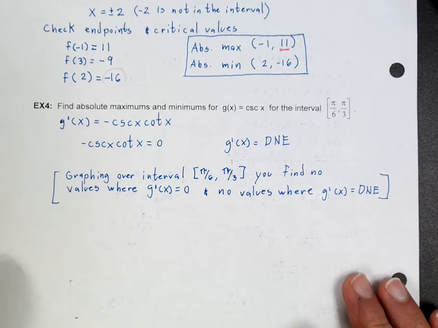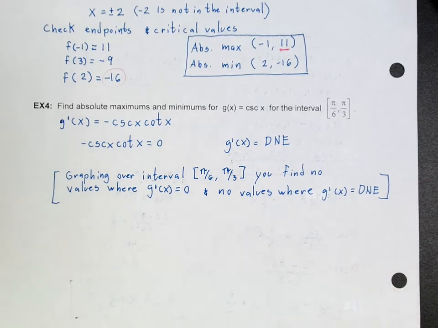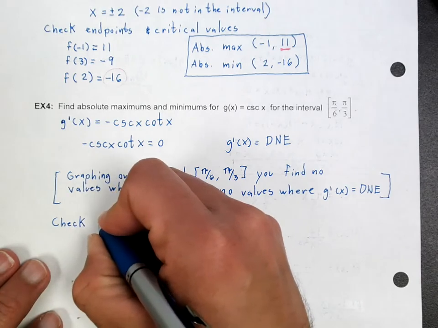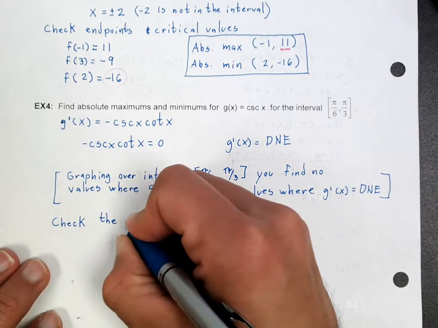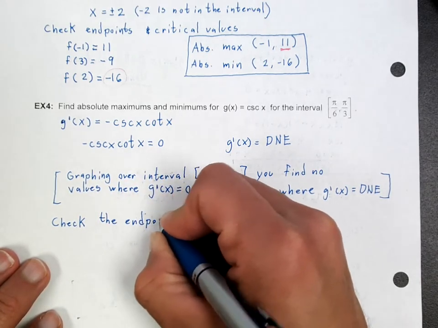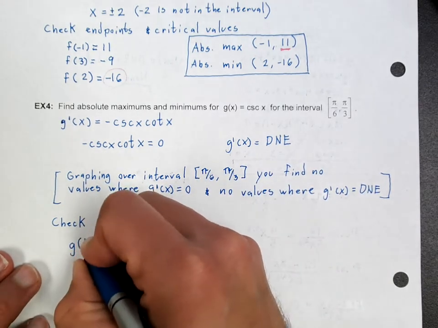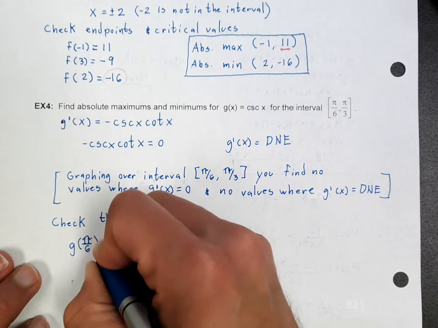Because we have no critical values, all we can check are the endpoints. So we're going to check the endpoints. I have to plug these endpoints into the original function.